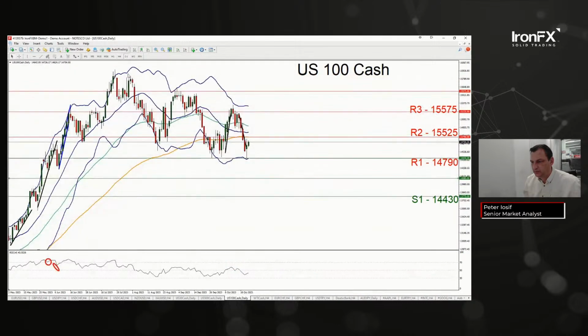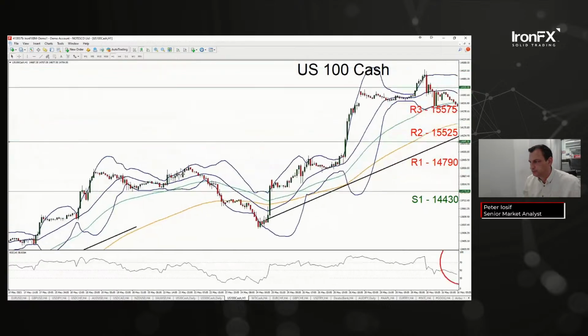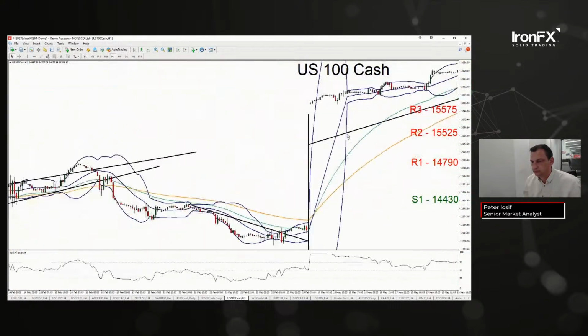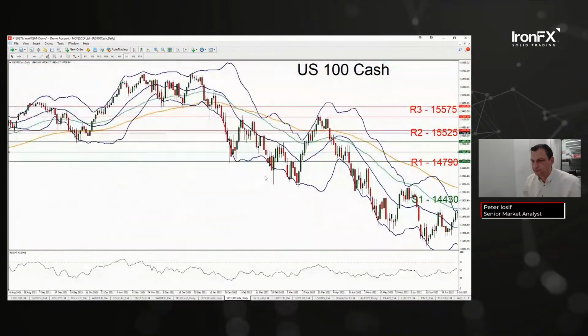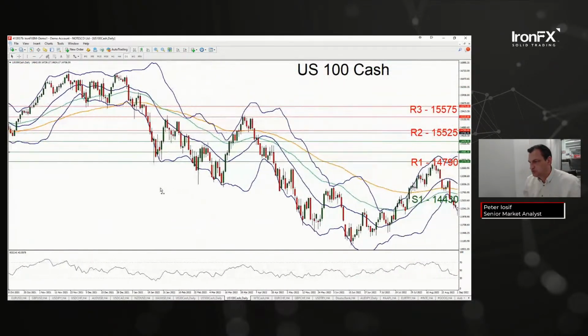Back to the daily. 1 hour. Daily. So it's in pretty old former resistance line now turned to support. Okay.